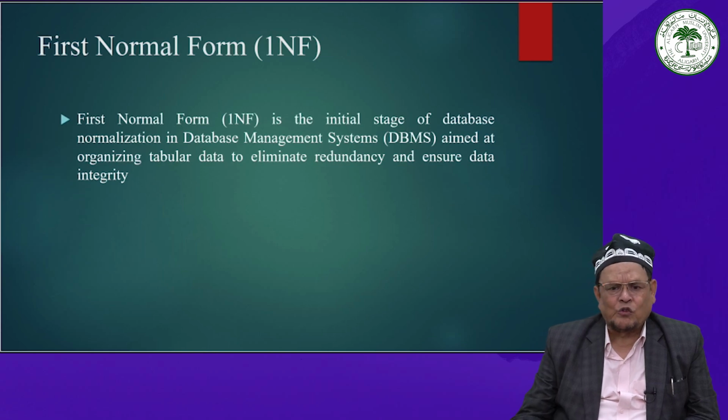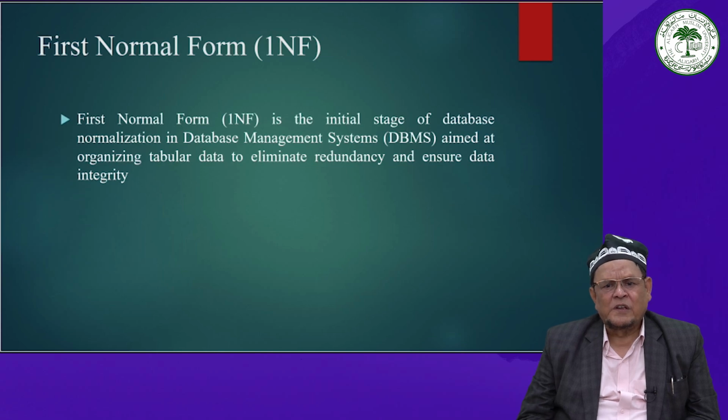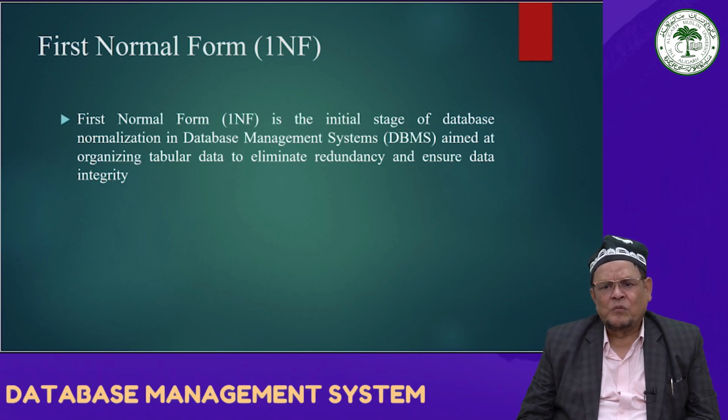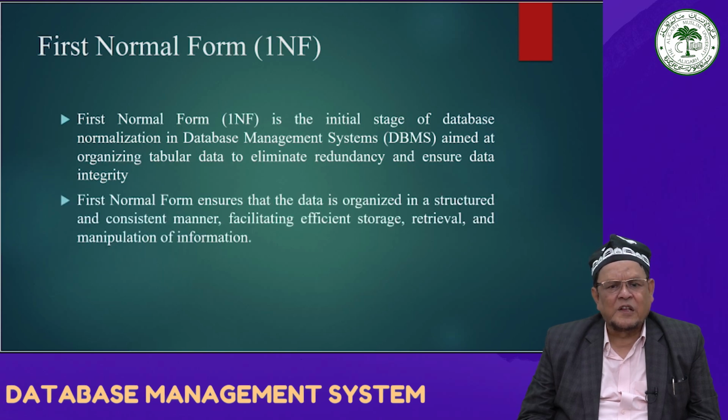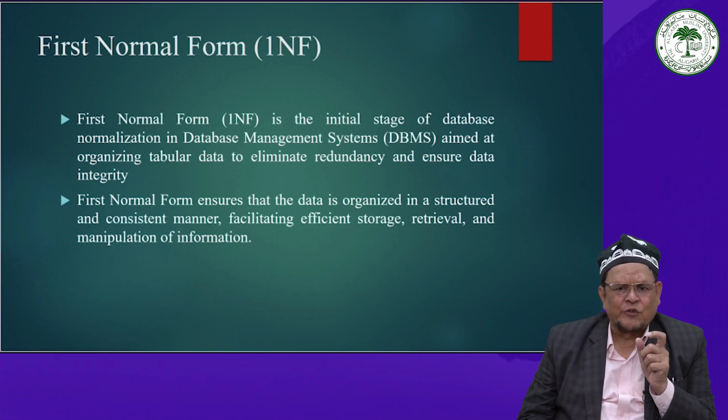Atomic means each attribute or column within the table must contain an atomic value, meaning that each value in the column should be indivisible. This ensures that there are no multi-valued and composite attributes. Next is unique column names. Every column in the table must have a unique name. This prevents ambiguity and confusion when referencing attributes in a query.